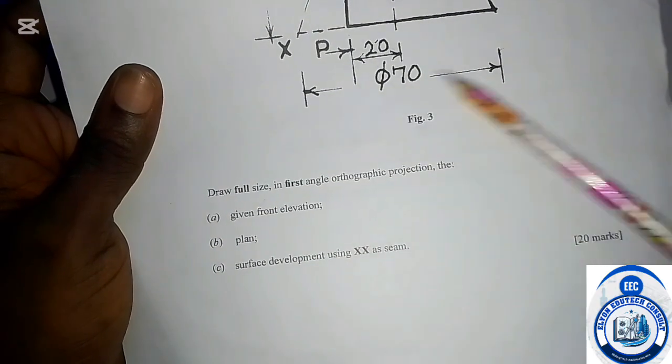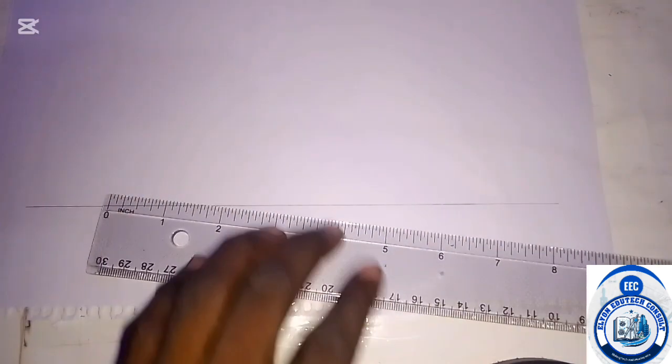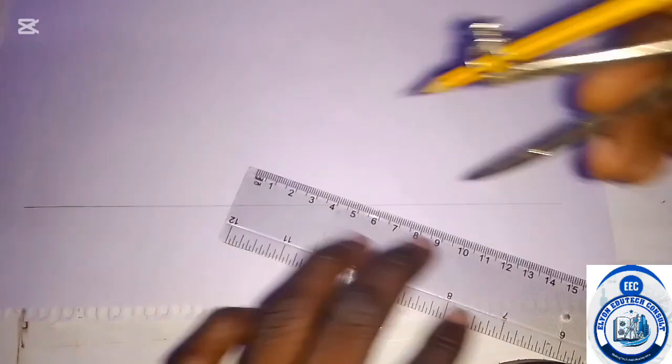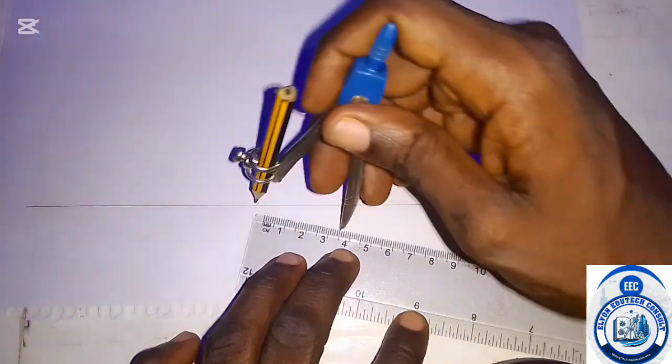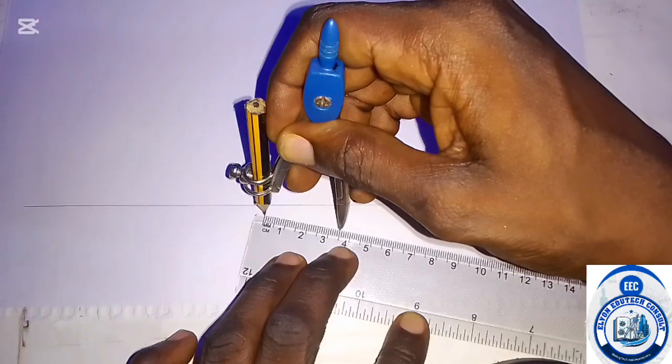Now we have that, and we are told that the base radius is 70. So I'm going to be drawing the circle using that base diameter, which is 70. So I'm going to be using the radius to draw that, which is going to be 35. So I'm going to pick 35 from my ruler this way.